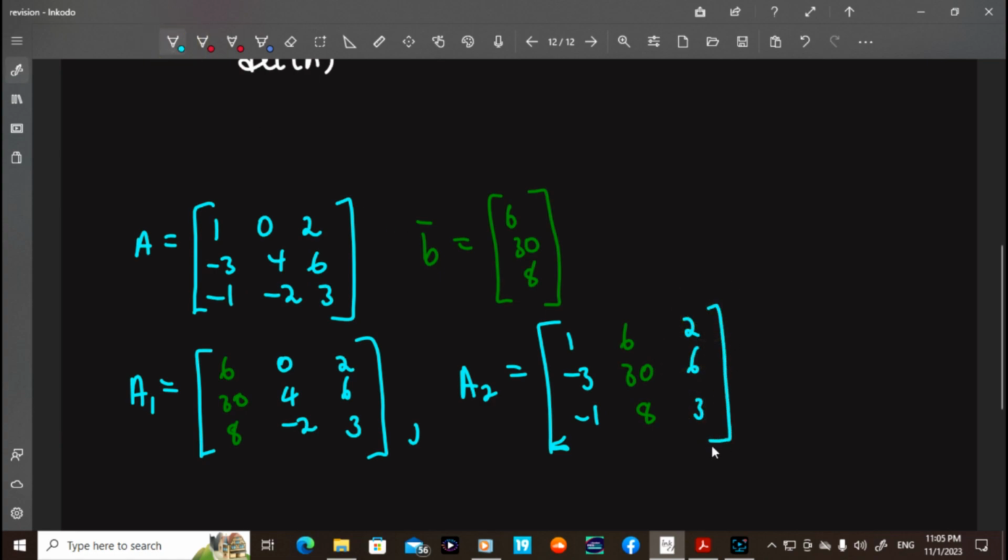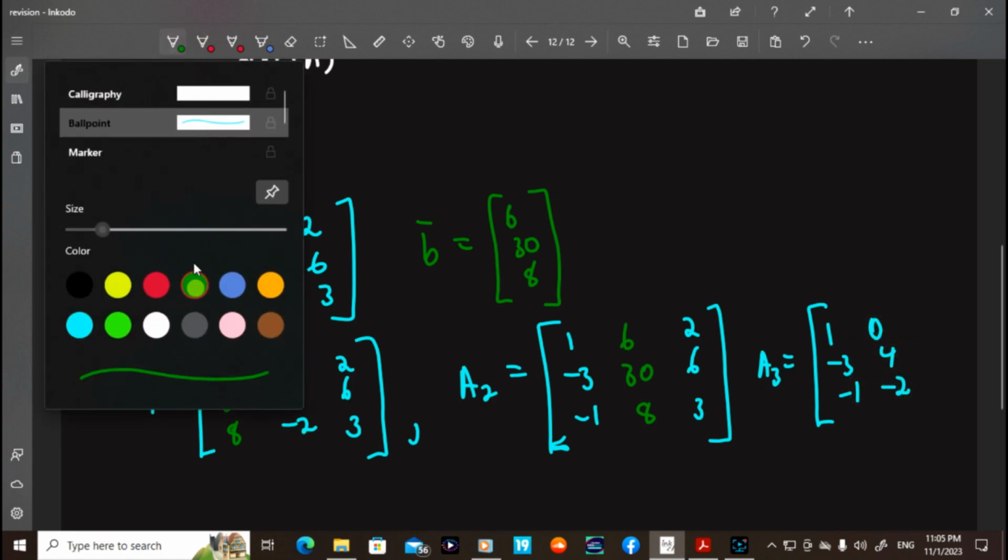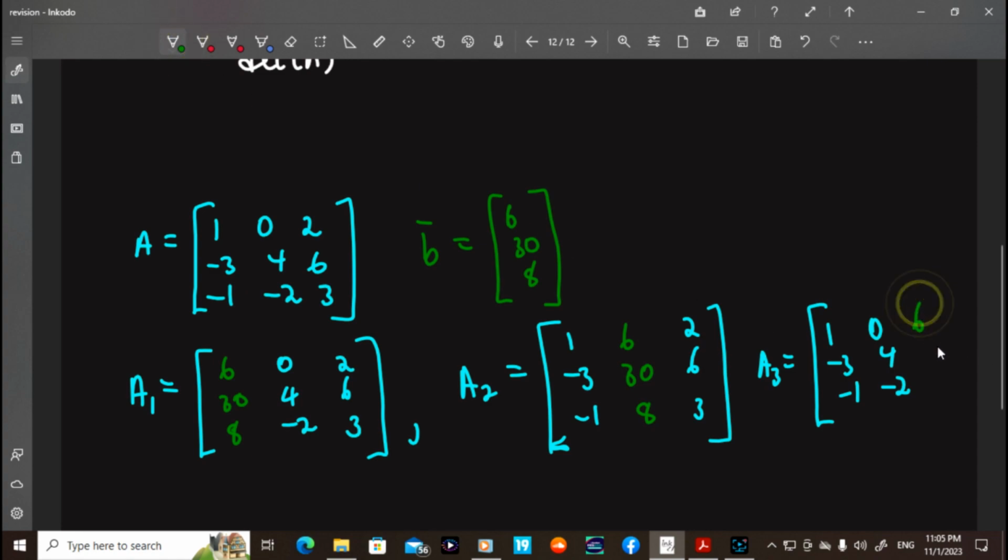Now you can guess A3 because it's obvious, isn't it? Here we're going to have 1, -3, -1, 0, 4, -2, and we'll replace the last column with B, 6, 30 and 8.